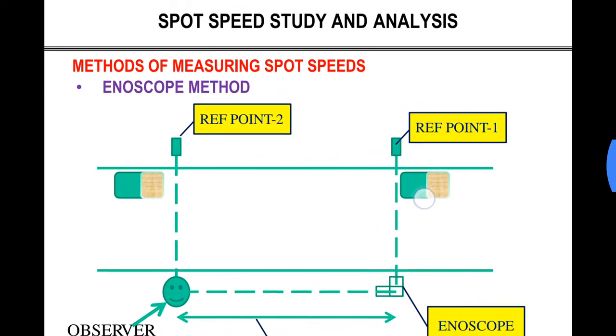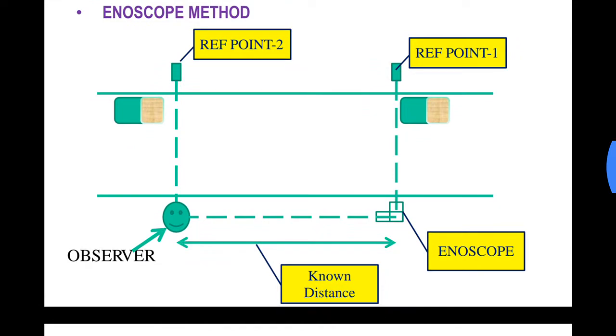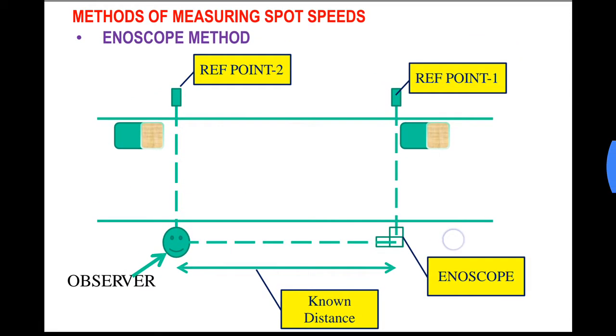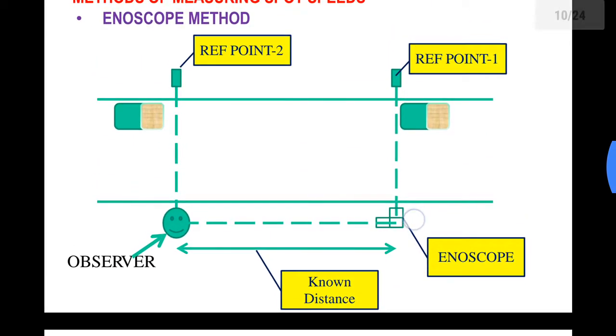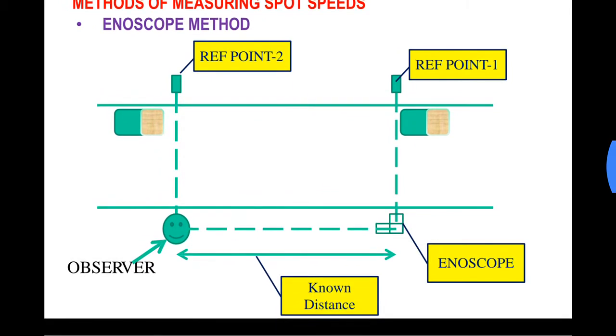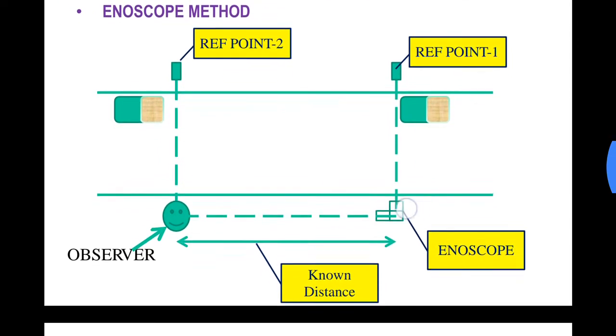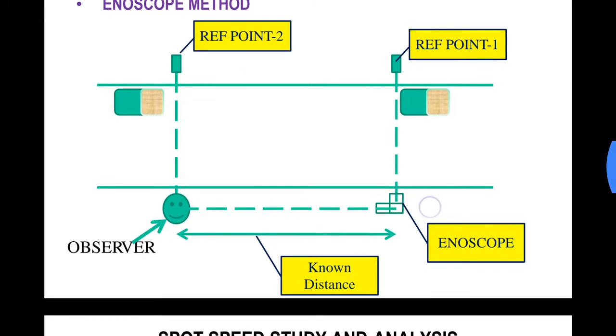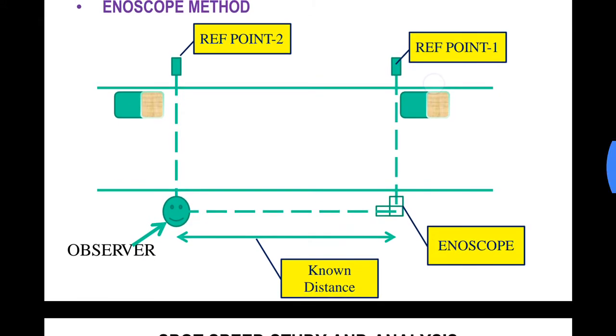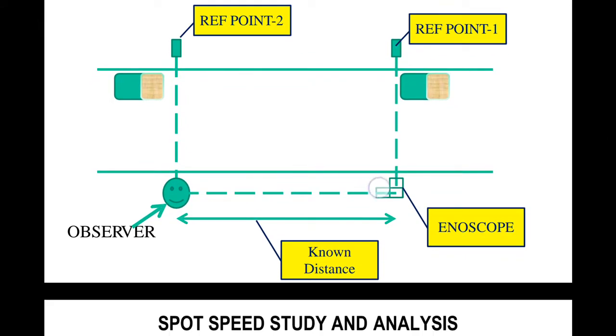The next method is the inoscopic method, where a device known as an inoscope is used. With the help of this inoscope, one can have a perpendicular sight. If the inoscope is placed here, the image of this area would be seen here.